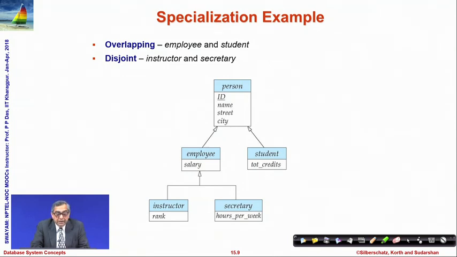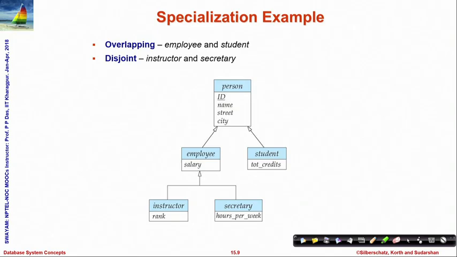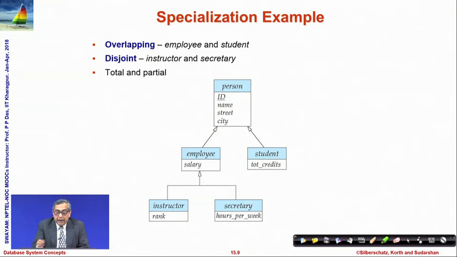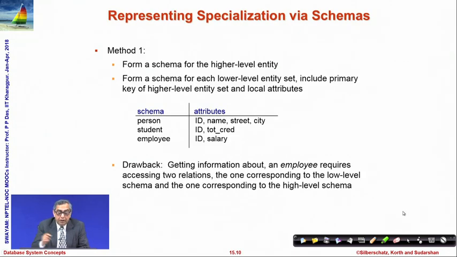So, disjointness tells us that no instructor can be a secretary and no secretary can be an instructor, whereas overlapping specialized sets denote that an employee may or may not be a student, but it is possible that some employee is also a student and vice versa, and that is how we will represent this. And we will see that when we specialize, the specialized entity sets could be total or they could be partial. We will talk about that totality and partiality a little later.